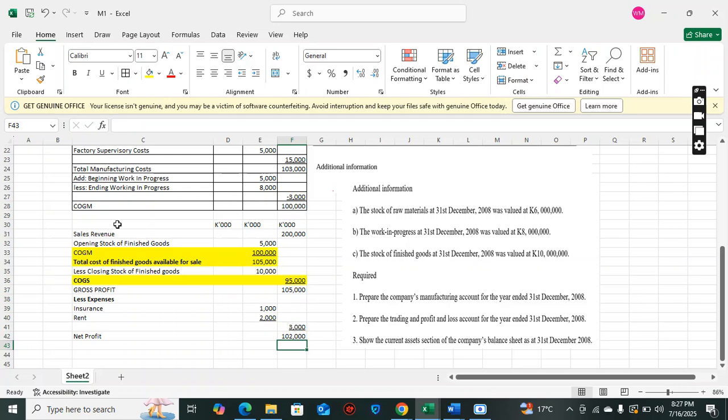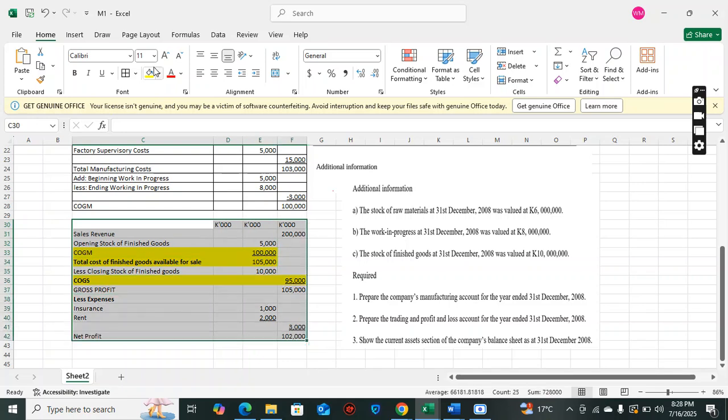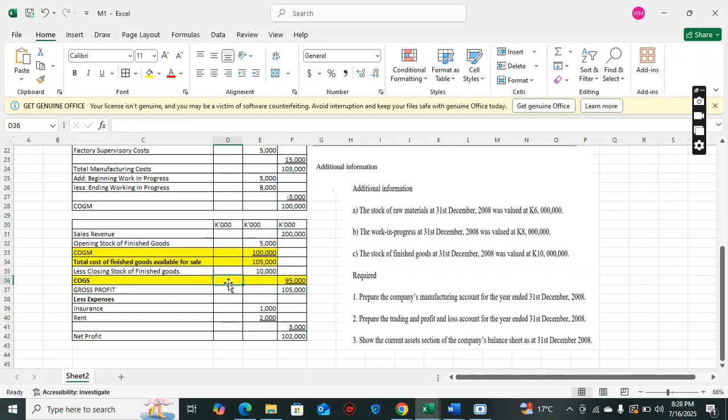Any questions? Okay, that's why it's quiet. Yes, that's the net profit. I'll send you also this document with these answers.